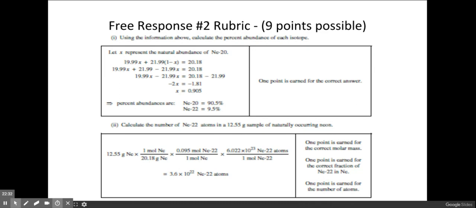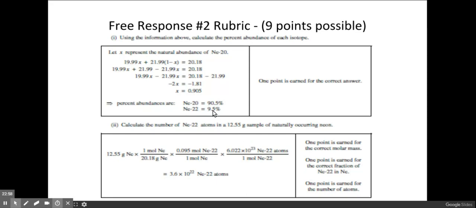You've used this number in this problem here, because only 9.5% of the whole sample is neon 22. And then once you figured out how many moles of neon 22, not moles of all the neon, but just that isotope you have, then you can convert those moles into neon 22 atoms. So it's a little bit tricky.